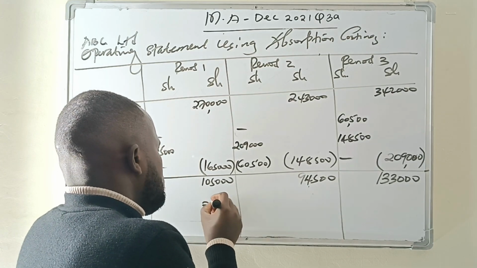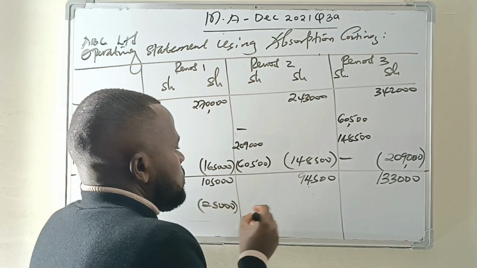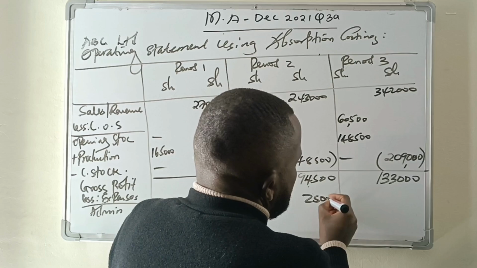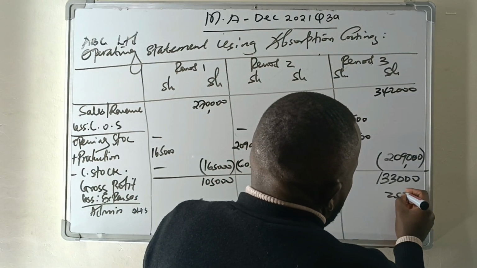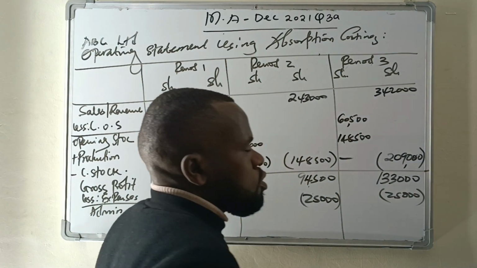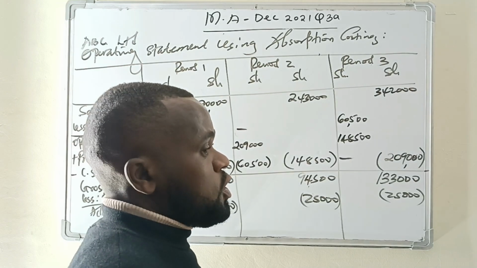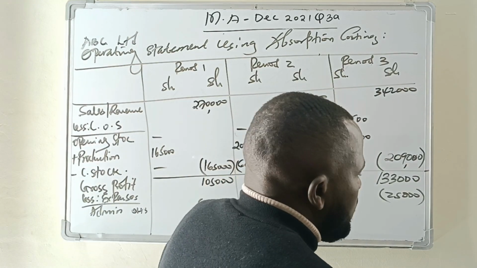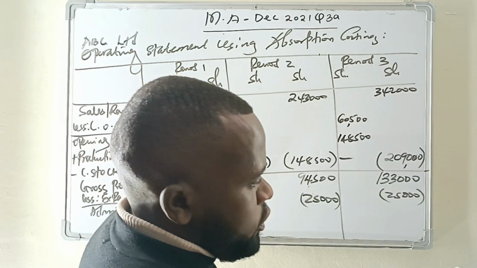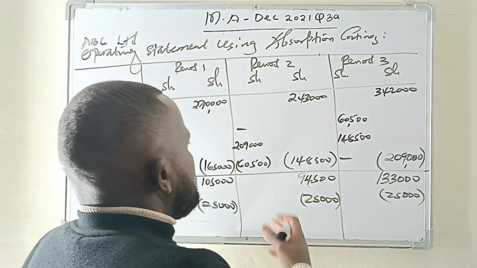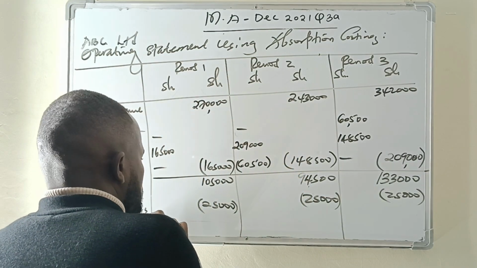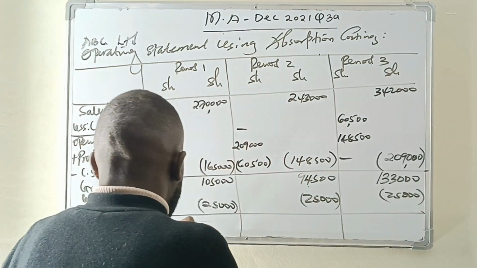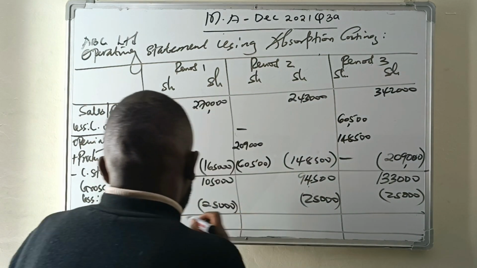Because the fixed production overheads are already absorbed in the production cost, we don't less them here, like the way we did for the marginal costing. So it will reach that point, and then you get your gross profit.